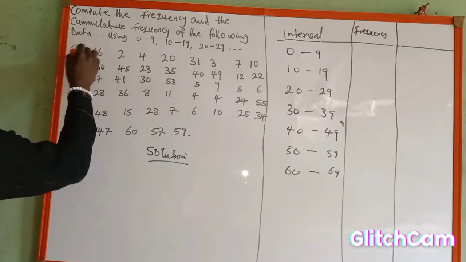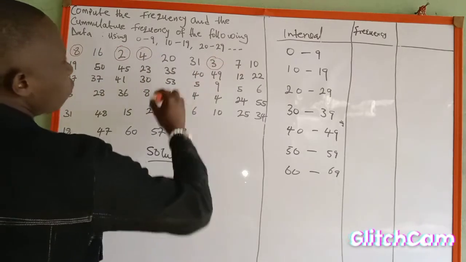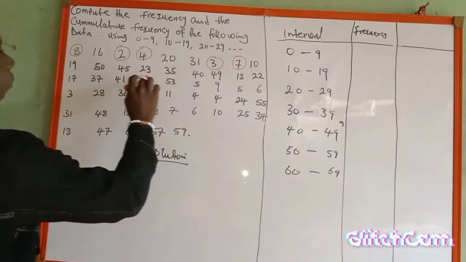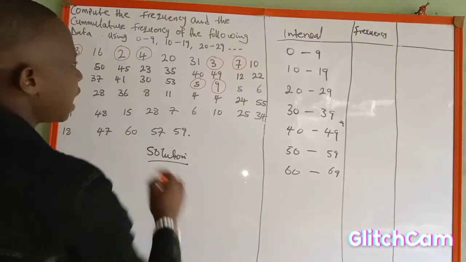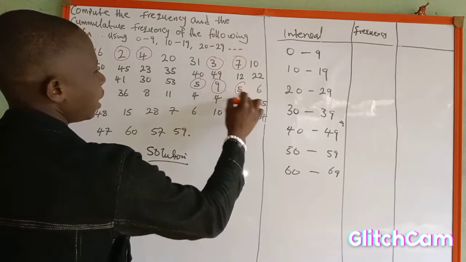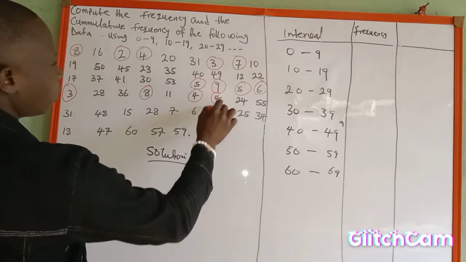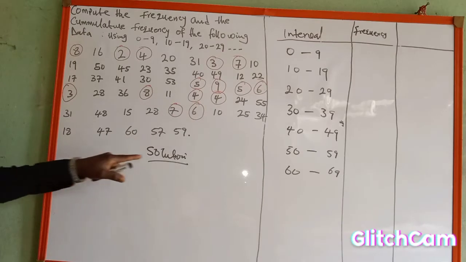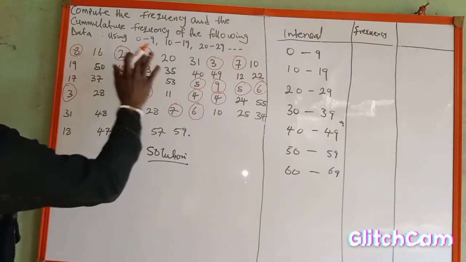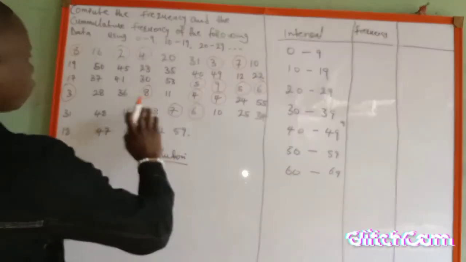I can circle them: 1, 2, 3, 4, 5, 6, 7, 8, 9, 10, 11, 12, 13, 14, 15.